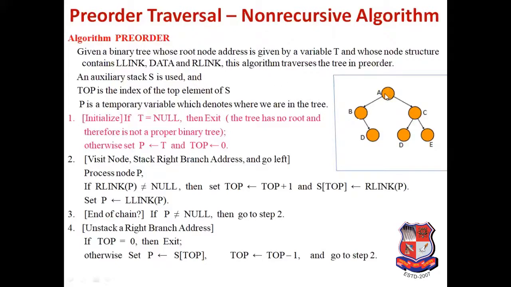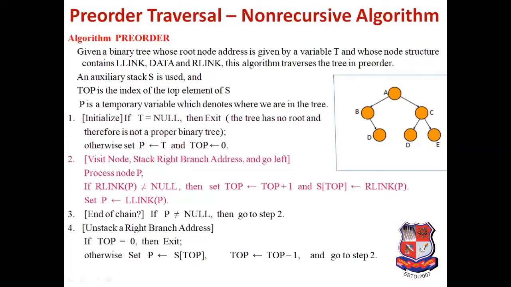So we first process this node, that is, traverse this root node, then we store the address of the right child into the stack, and then we start traversing the left subtree by assigning the address of the left node to the variable P. So as per this, in step 2, we first process the node. That means we have processed node A and added A to the traversal sequence. Then we stack the right branch address. What do we check? Do we have the right child?